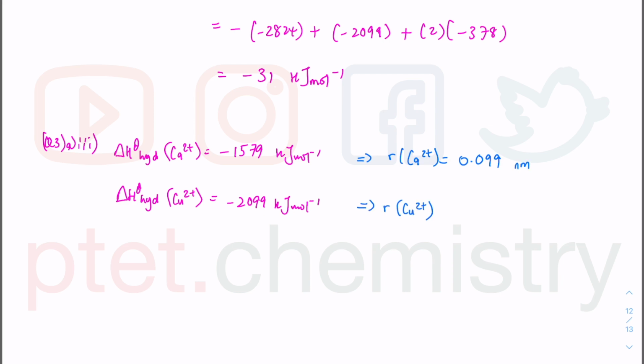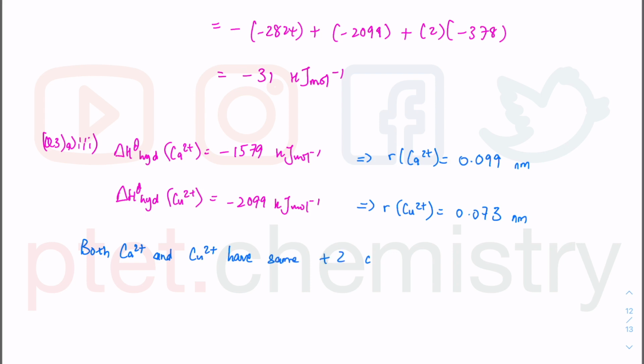The radius of copper 2 plus, which is part of transition metals, first row d-block elements, Cu2 plus is 0.0773 nanometer. So in terms of the explanation, both calcium 2 plus and copper 2 plus have the same +2 charge.